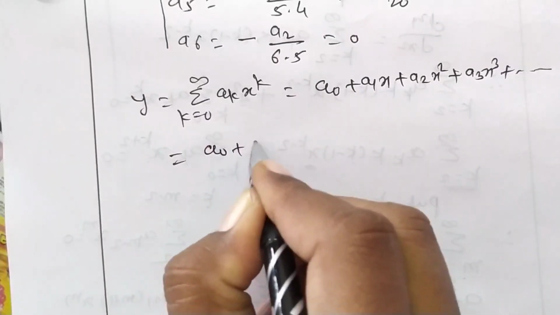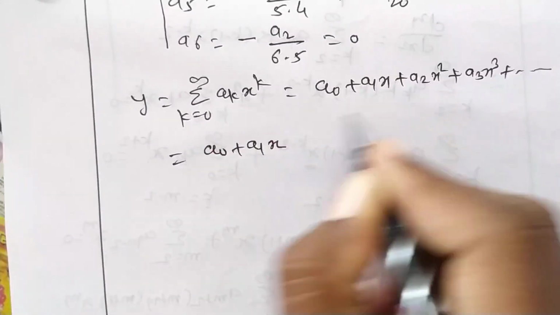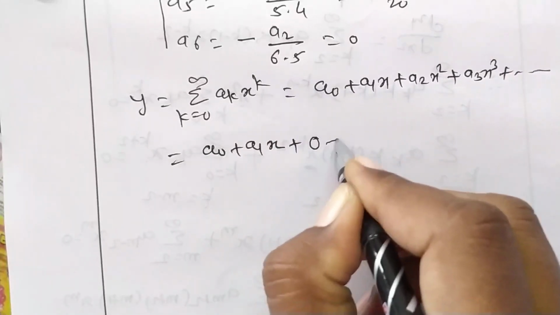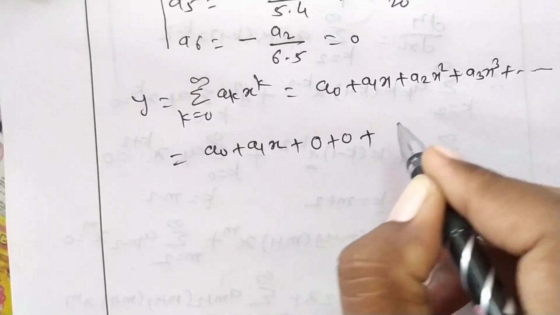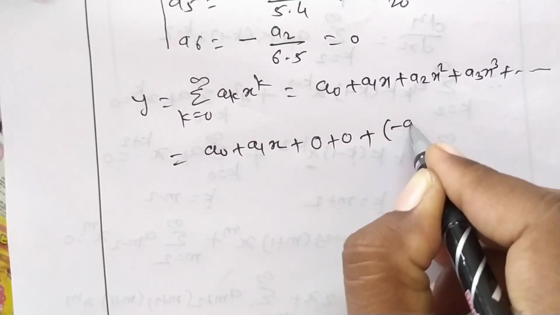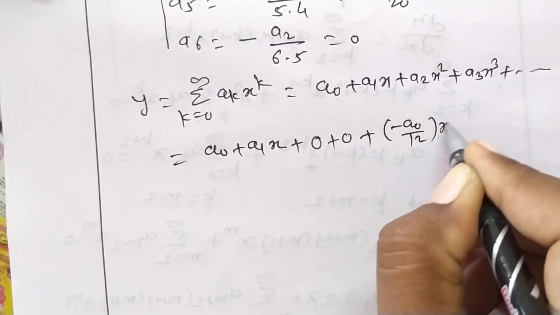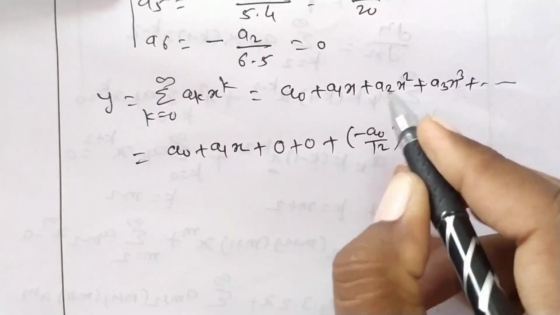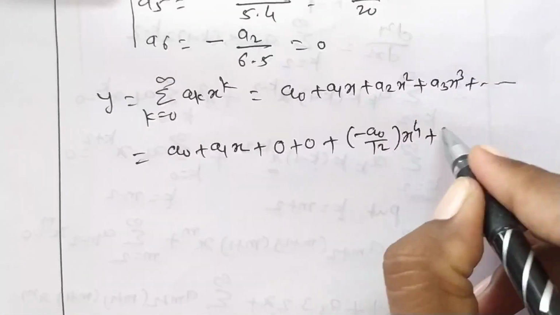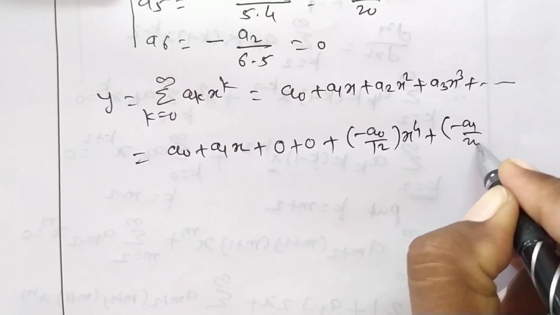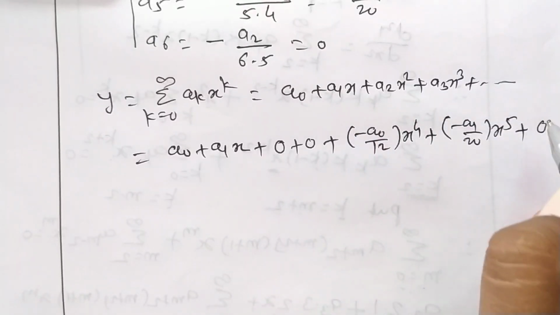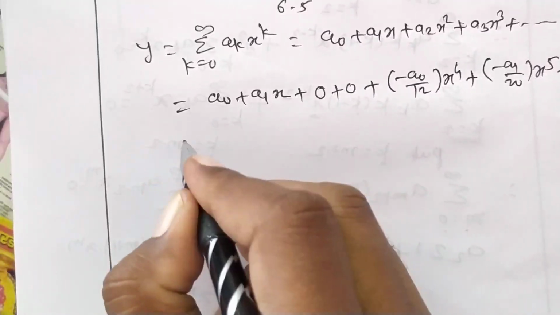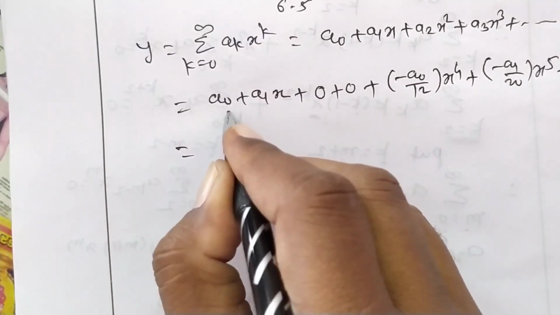So a0 plus a1x plus a2 is 0 plus a3 is also 0, next constant plus a4 will come. a4 is minus a0 upon 12 into x to the power 4 plus next one is a5, minus a1 upon 20 into x to the power 5 plus next one is a6, that is 0. So after simplification, if you observe, a0 is present here, so we can take it common.